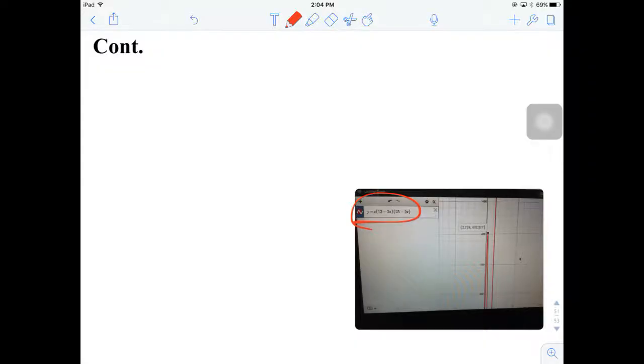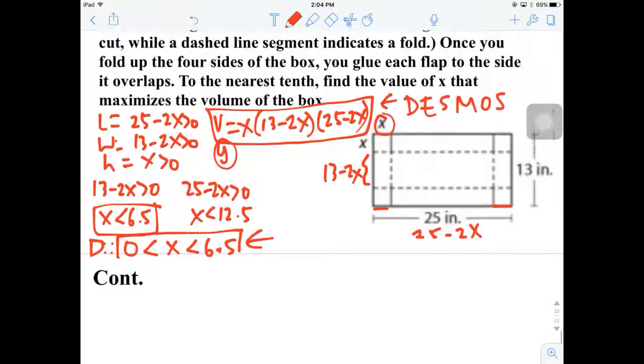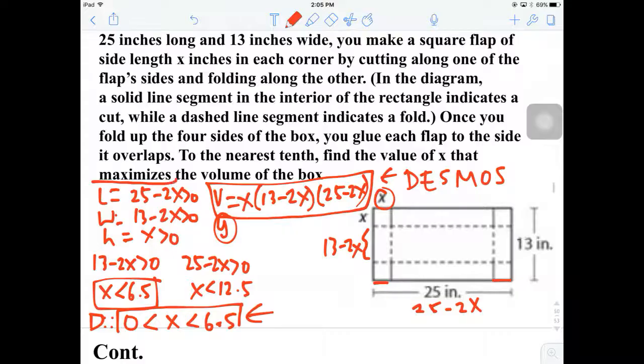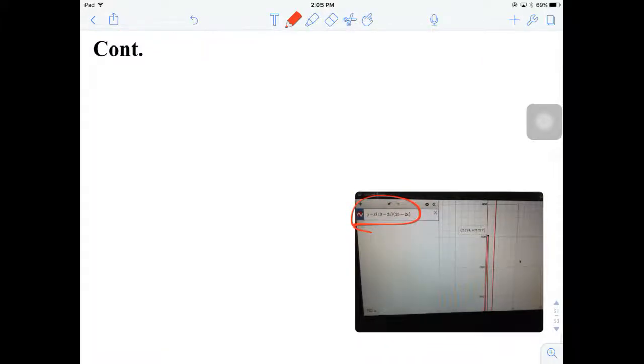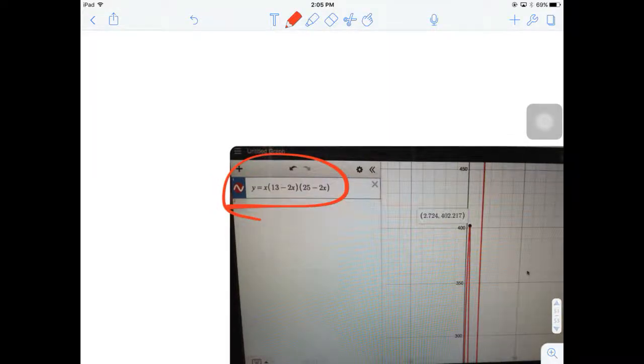And for this one, because again we want to find the maximum volume, you need to look for the local maximum again. So you need to probably zoom into the graph towards the top. And this time I actually clicked the point that is on top, as you can see. The point here on top gives me the length of the x value.